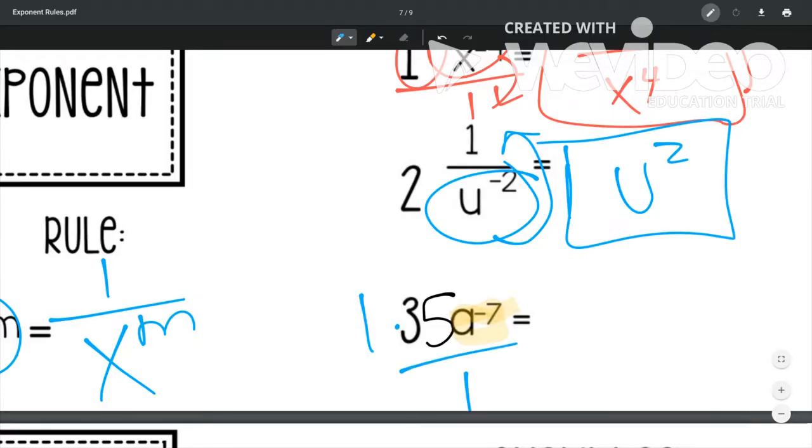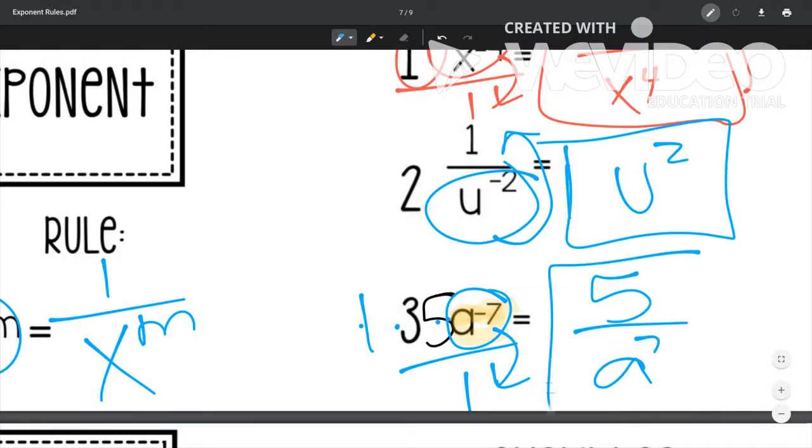You're going to do 1 times 5 times a to the negative 7th. But that a to the negative 7th is sad, so we're going to move it to the opposite side. We've got a to the 7th on the bottom, and 1 times 5, which is 5. And this would be your final answer. Again, they try to trick you. Don't let them. You guys are so much smarter than that.